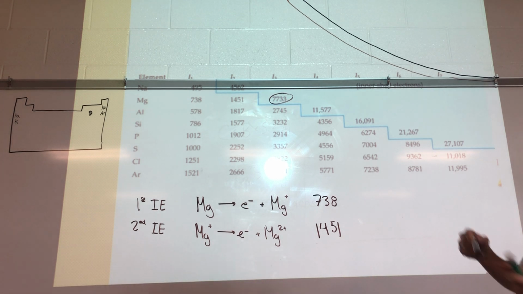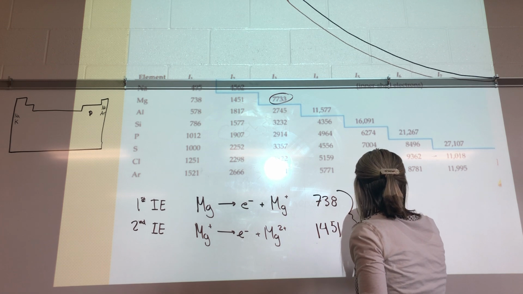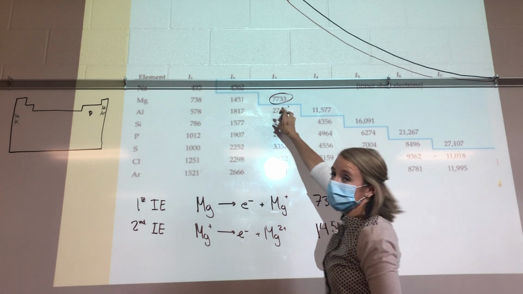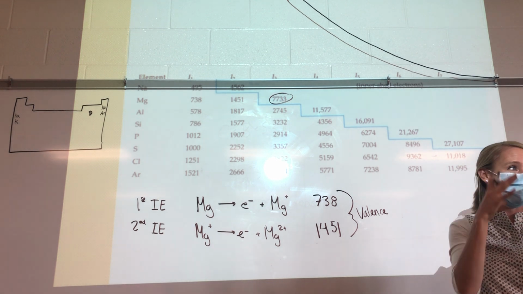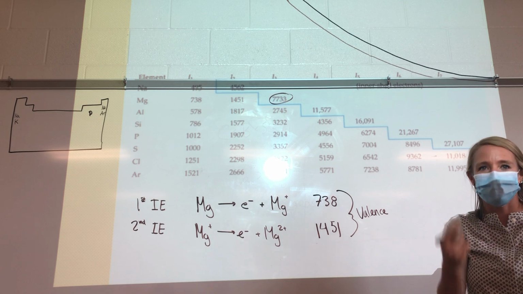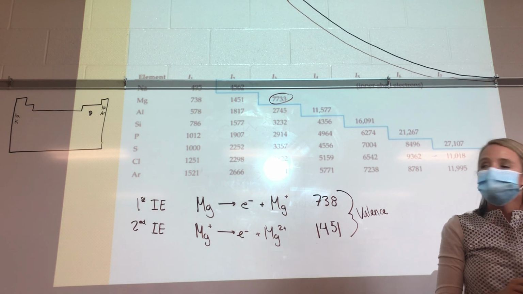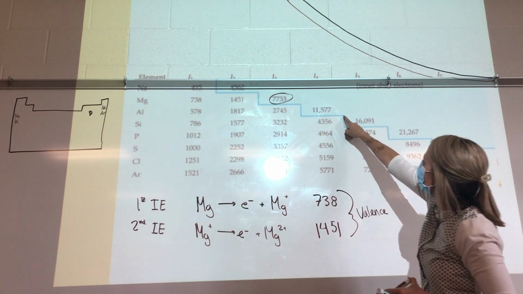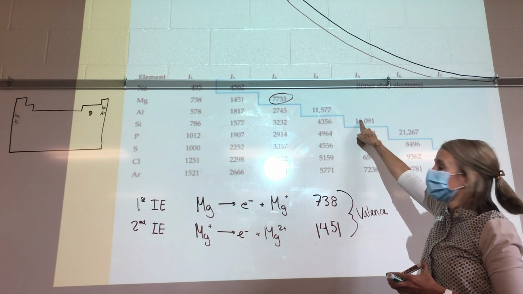Yeah, these two electrons are part of the valence shell. That third electron is what we call a core electron. It's an inner shell. When you try to rip electrons off the inner shell, it's really, really hard to do so. That's what this blue line is showing, the jump from valence to core.